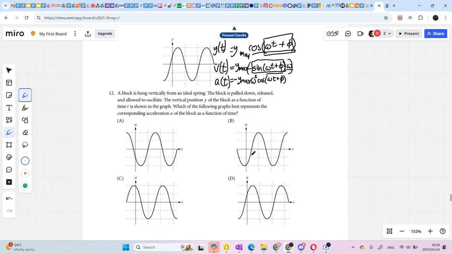So we just see that it's the negative of the original y times some other constant. And since we have no units in the y or in the vertical axis, we don't have to worry about those constants. So we just pick the option that is this exact function, but reflected across the x-axis. And so that should give choice A.